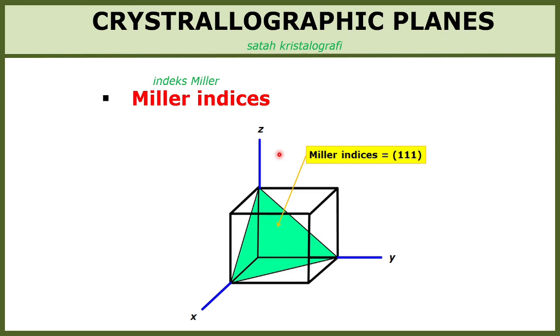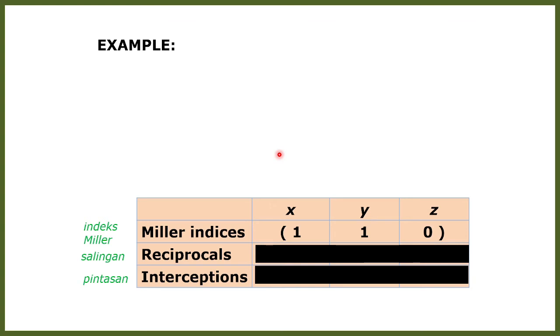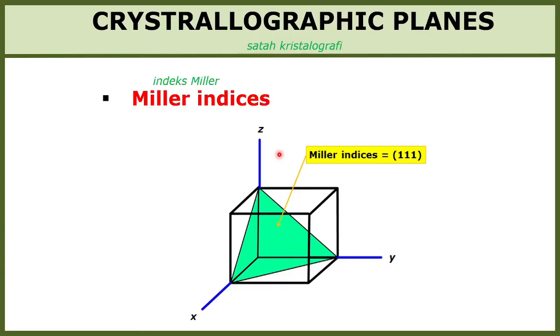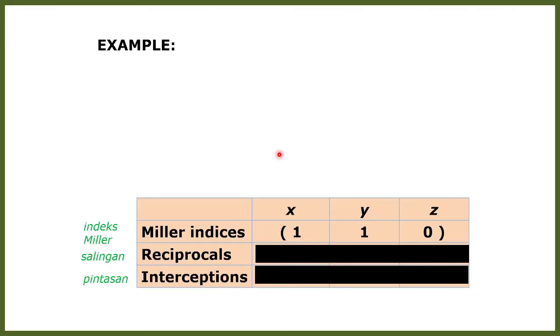What we use to name a plane is the Miller index, by William Hallowes Miller. We name it using the intercept points on each vector x, y, and z, and then we take the reciprocal or fractional intercept of the intercept point.